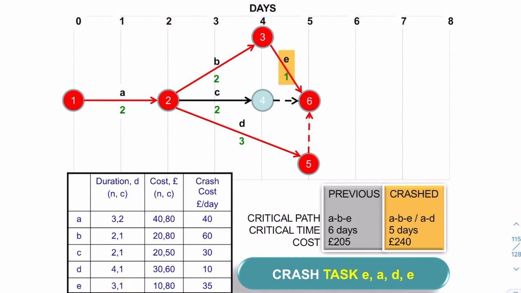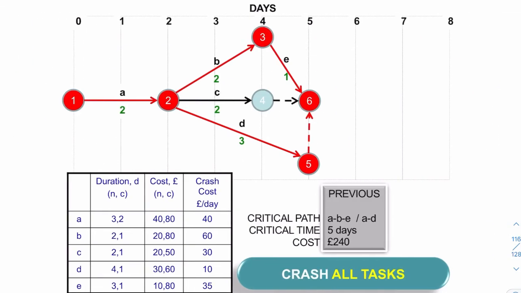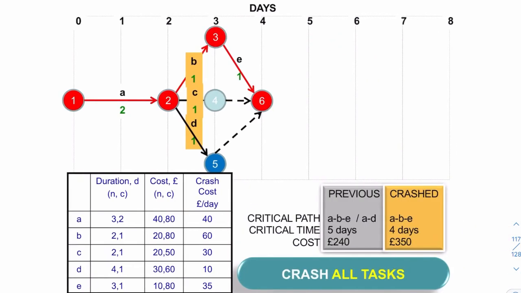So the only thing we can do if we want to further reduce the time is to crash both B and D. That is possible. If we crash B and D, that'll bring everything back by 1 further day, and now we've saved that day. In effect, in total, we've saved 4 days.